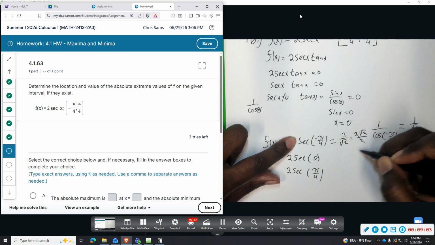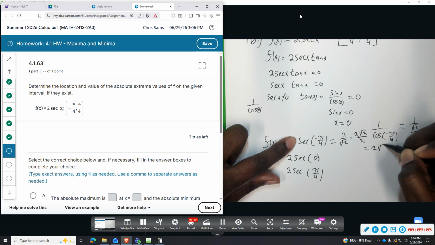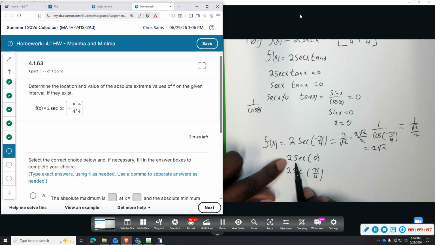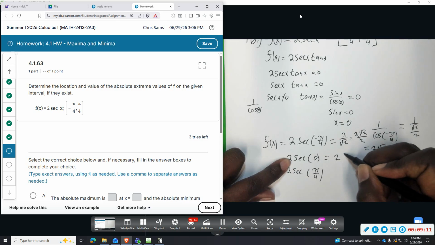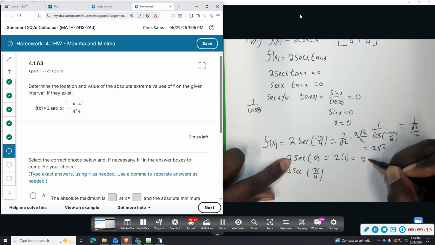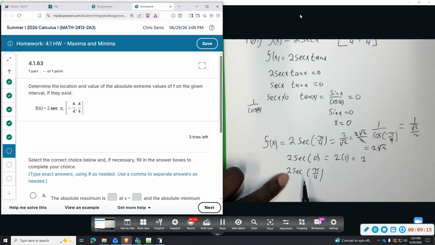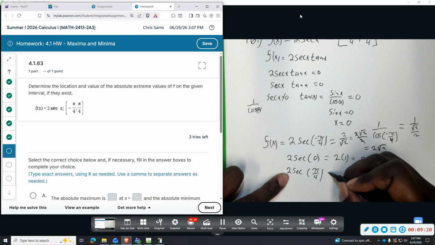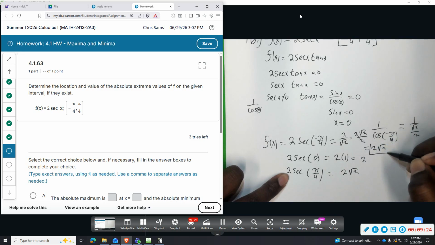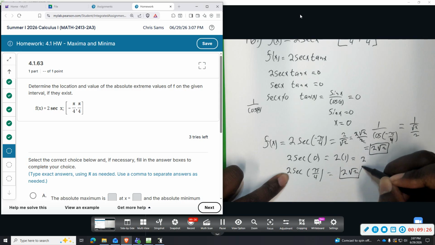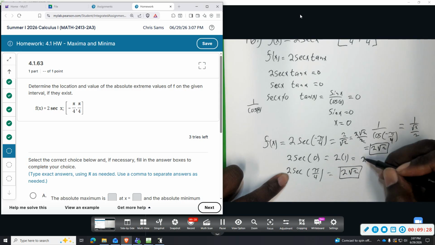So this should be 2 square roots of 2. This one, whenever we plug in 0, will give us 2 times 1, which would just give us 2. And then when we plug in pi over 4, it's going to give us the same value, square root of 2 over 2, which will give us 2 square roots of 2. So these two come out to be the same, 2 square roots of 2. And then this one comes out to just be 2.